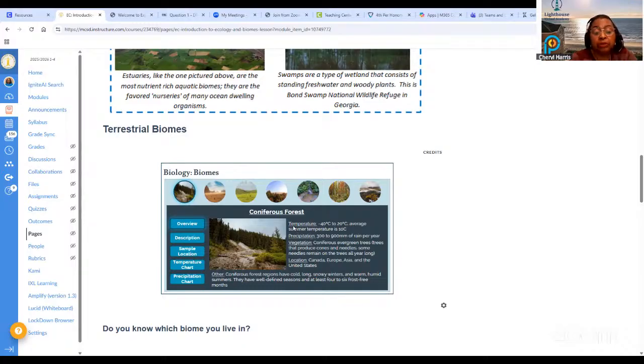The first thing they're going to tell you is their average temperature and how much rain they get. Because of that, only certain plants and animals will be adapted to living in those areas. Then they tell you where on the planet you will find this kind of biome. These are all northern parts of the planet, not the very tippy top.